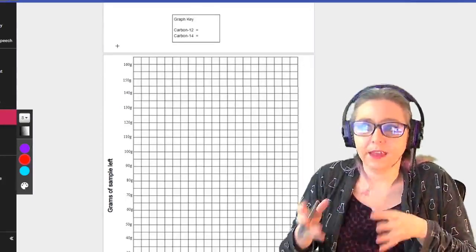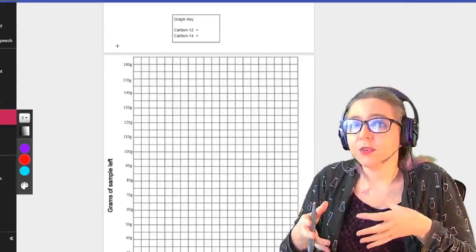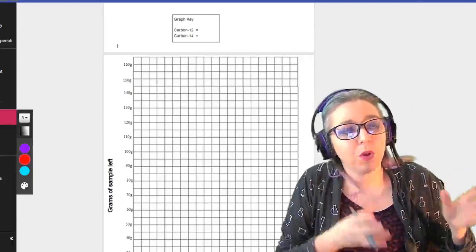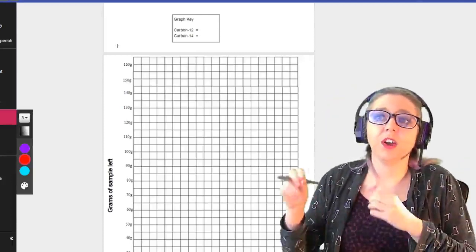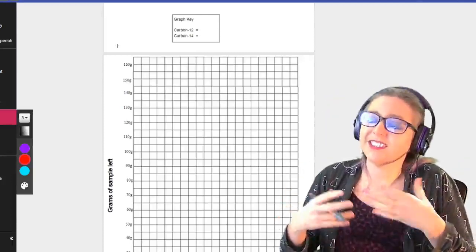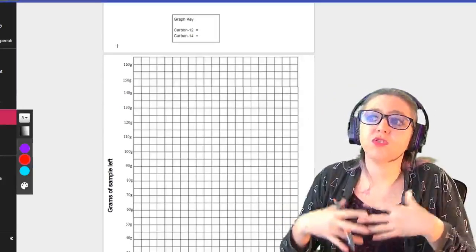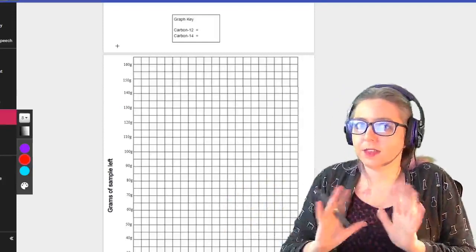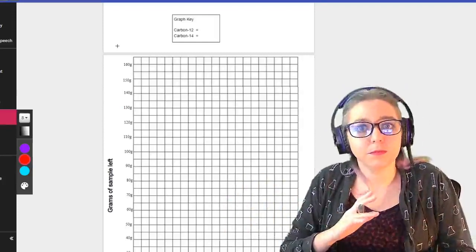We're going to pretend that the ratio of carbon-12 to carbon-14 is 50%. So for every one carbon-12 I have, I also have one carbon-14. Now that's a lie. It's more like there's 1 trillion carbon-12s for every one carbon-14. But to make our math easier, we're going to say it's 1 to 1.